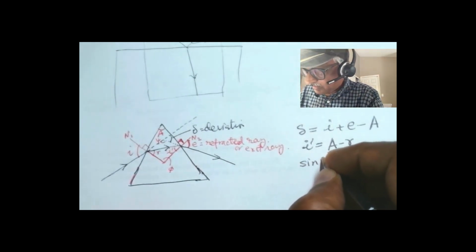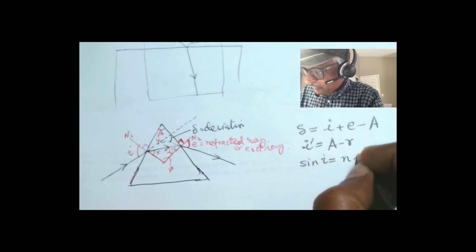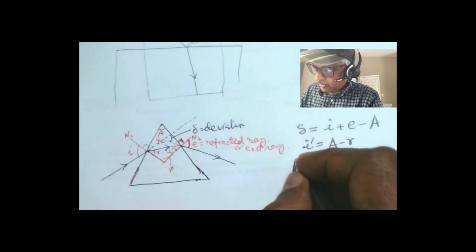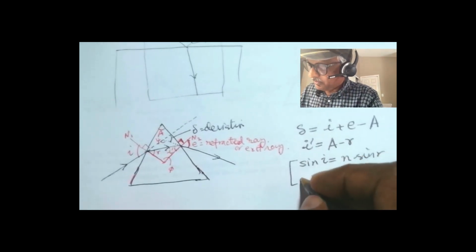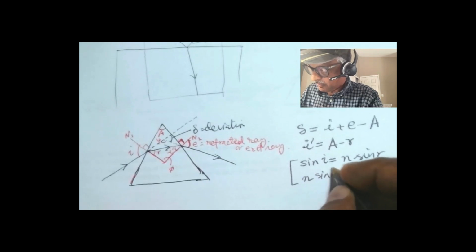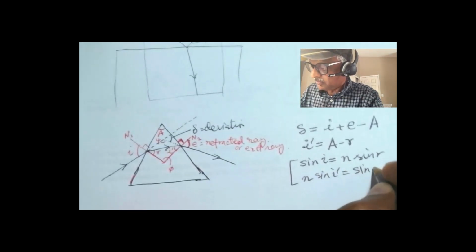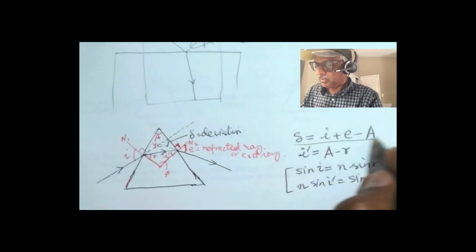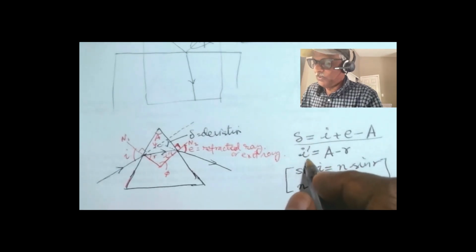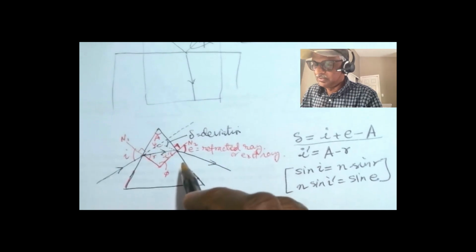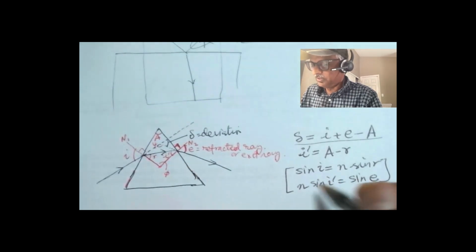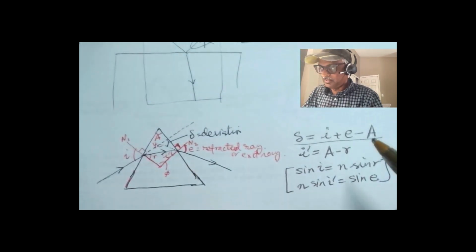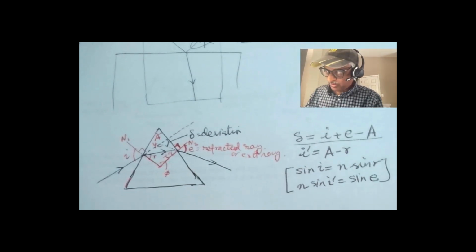And this is Snell's law, and this is the formula that you either have to derive or just memorize on the spot.